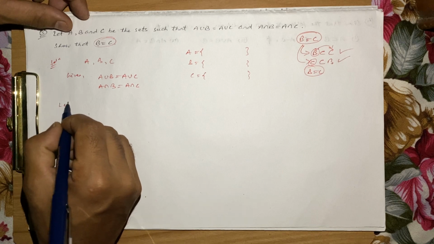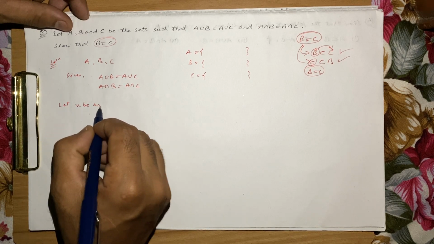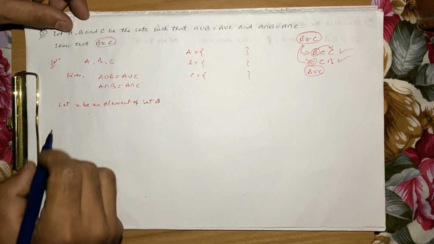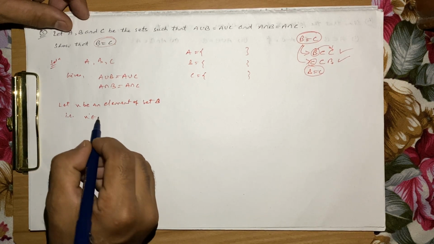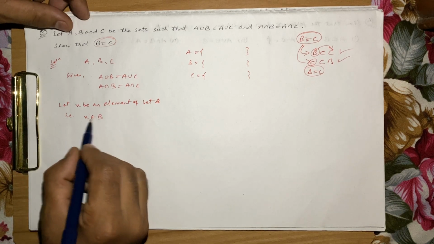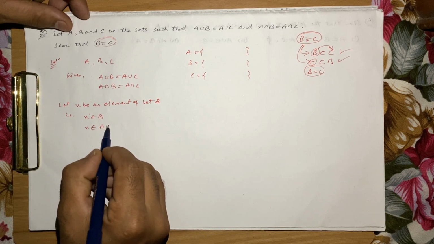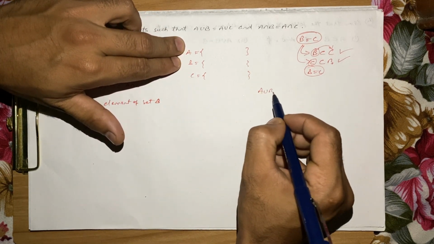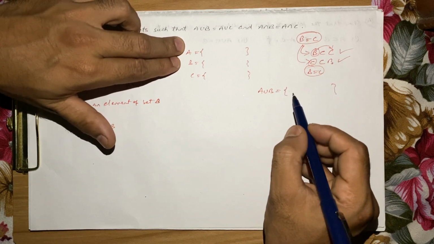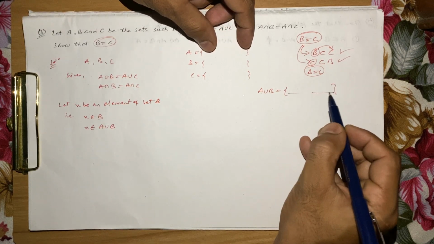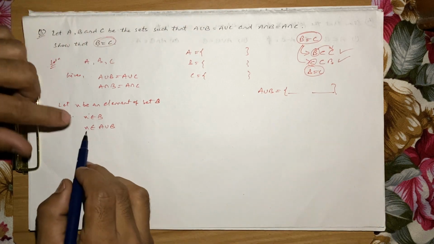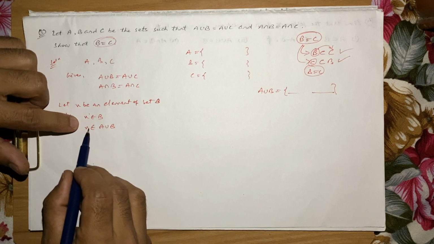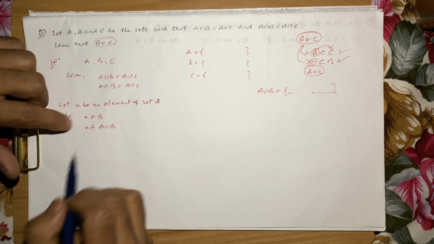So let X be an element of set B. That is, X belongs to B. If X belongs to B, then X will obviously belong to A union B, because when you combine A and B and find A union B, this will be a set that has all the elements present in A as well as in B. So X is an element of A union B.